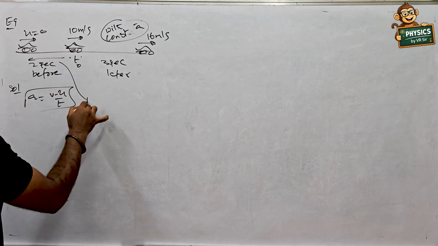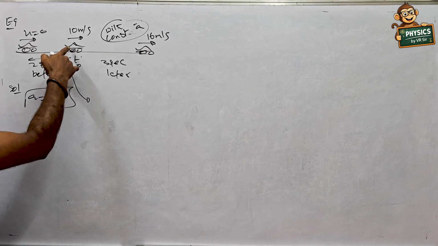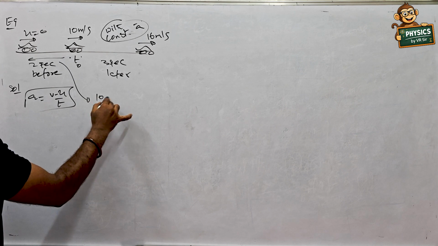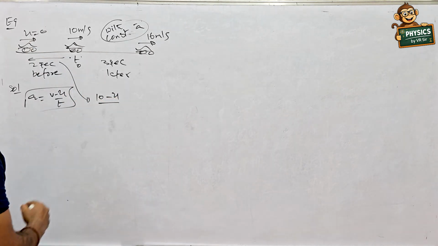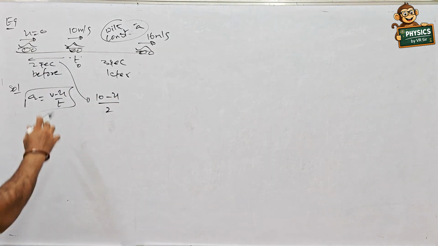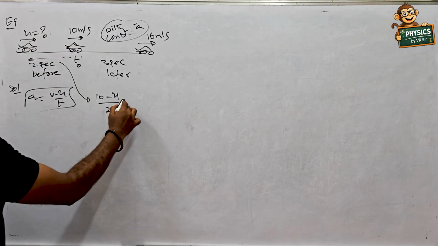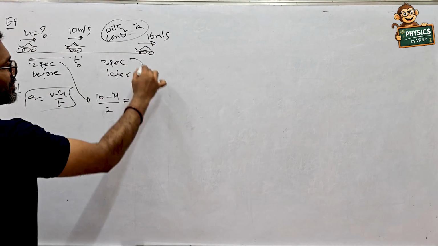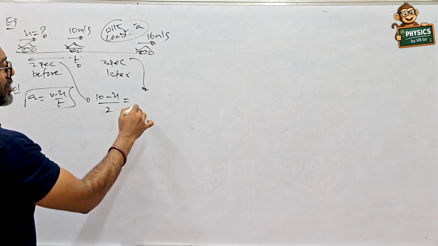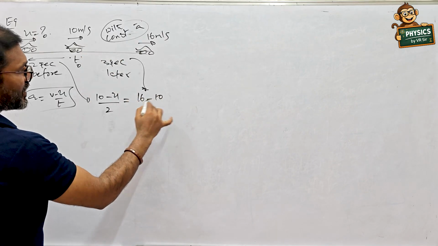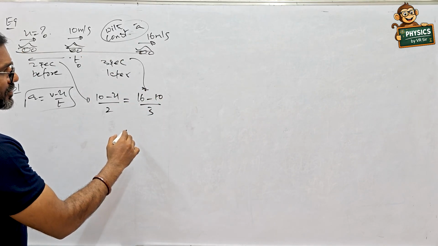Now, for the first part, when you apply this formula: final velocity 10 minus initial velocity u, upon 2, it's 2, not 0. What is the initial velocity? Question mark. And this must be equivalent to, for the second part, 16 minus 10 upon 3, okay?